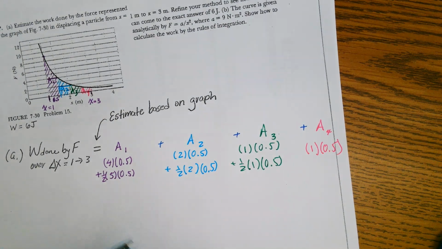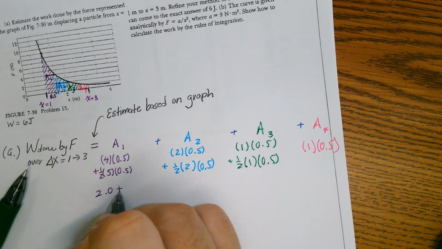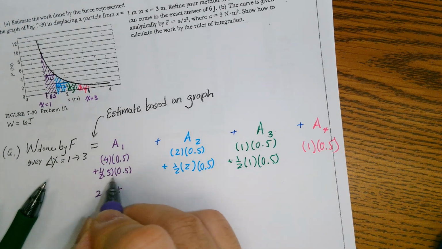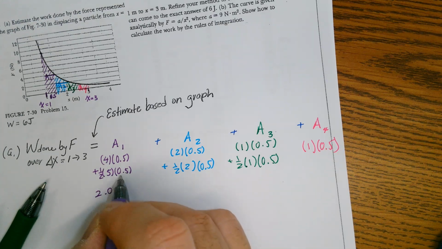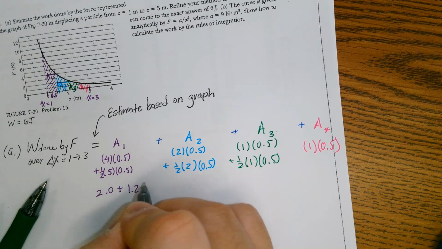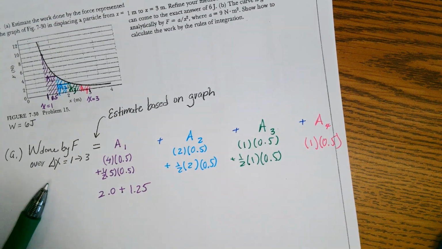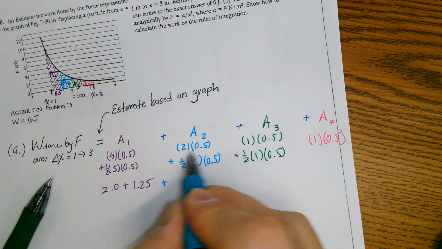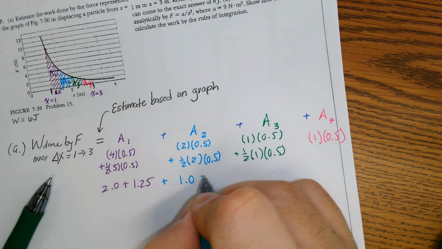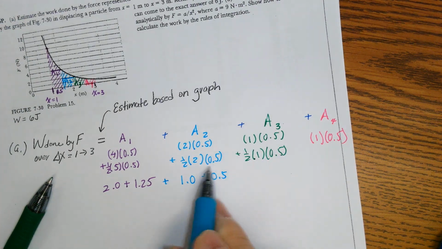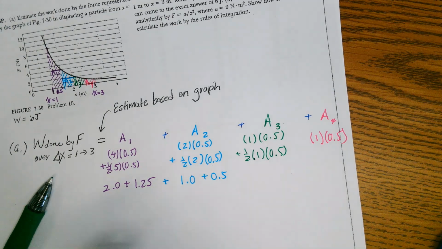So let's work it out. So here I have 2 plus half of 5 is 2.5, and half of 2.5 is 1.25, right? And then here plus this will be 1, plus 0.5, because half of 2 is 1, and 1 times 0.5 is 0.5.